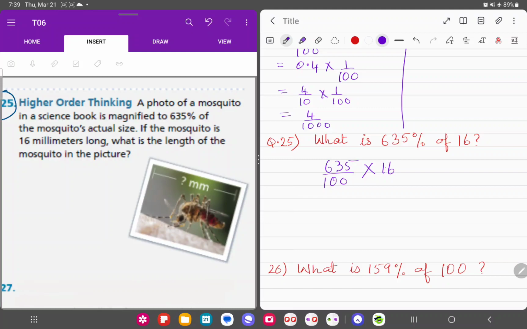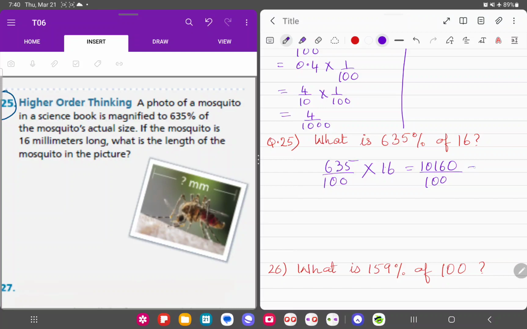So here I will multiply 635 times 16. When I multiply 635 times 16, I get 10160 over 100.